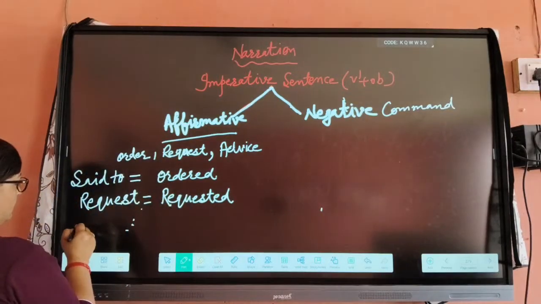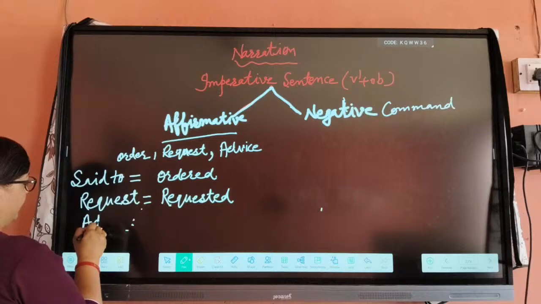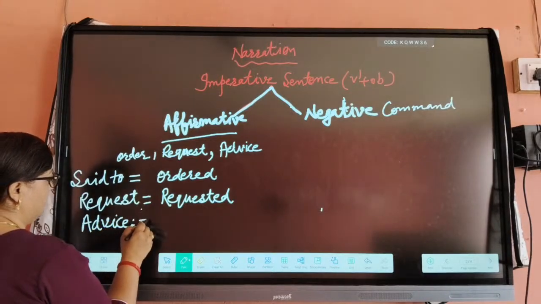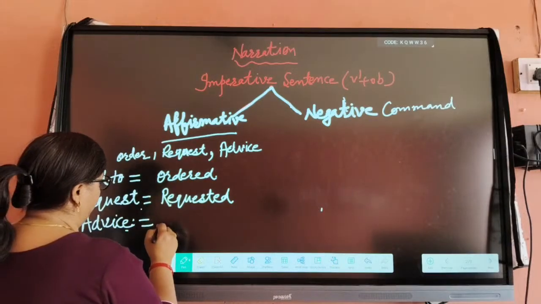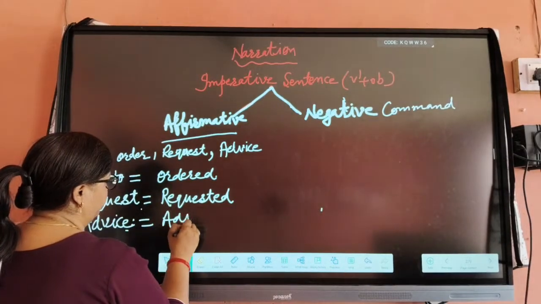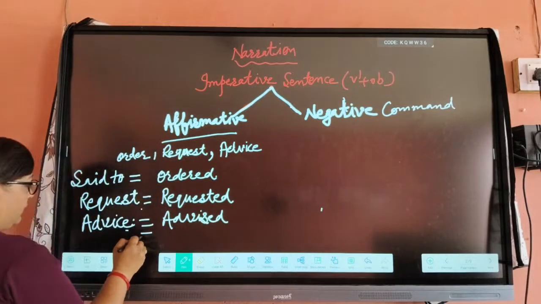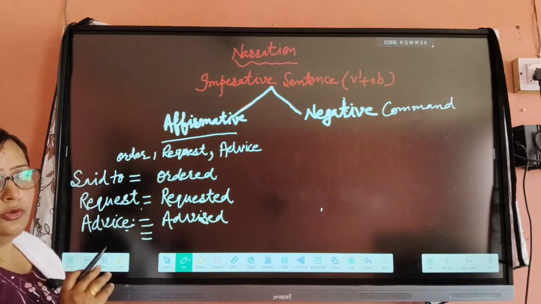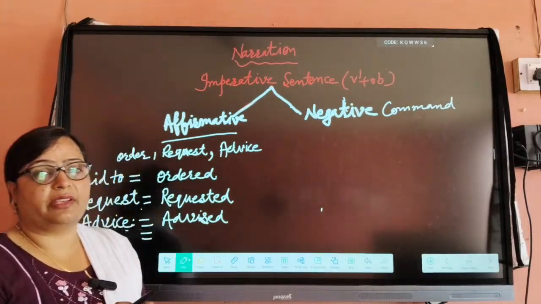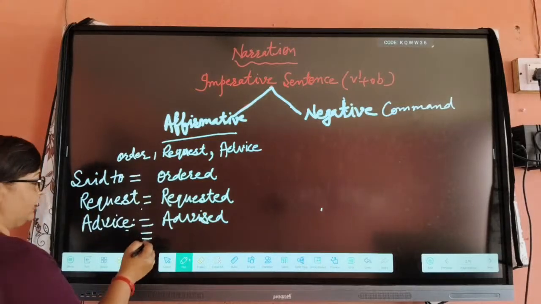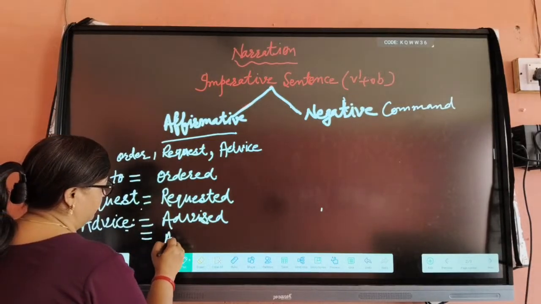If we have in the sentence the sense of advice, then we will change our said to into advised. If there is no order, no request, and no advice, then we will change our said to into asked.